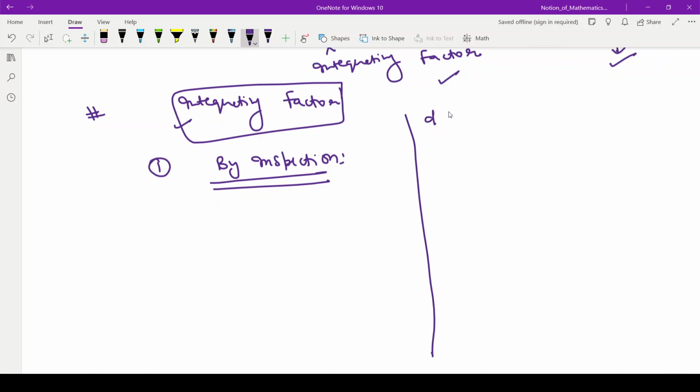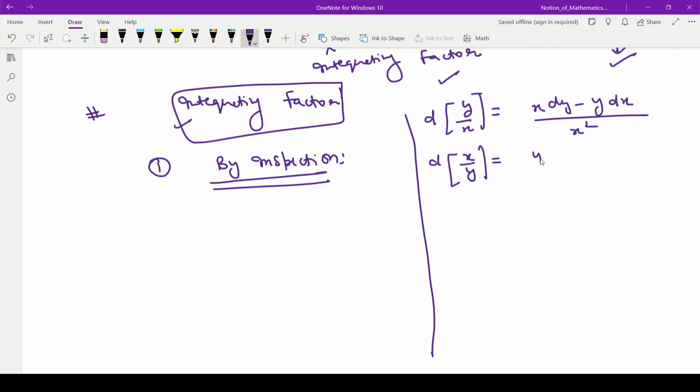If I want to write d of y by x, that is (x dy minus y dx) upon x square. If I write d of x by y, that is (y dx minus x dy) upon y square. If I write d of x into y, that will be x dy plus y dx.